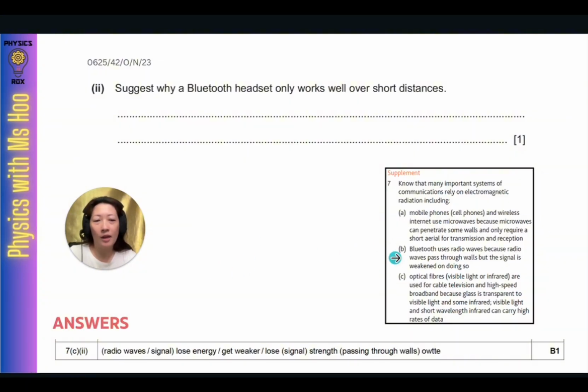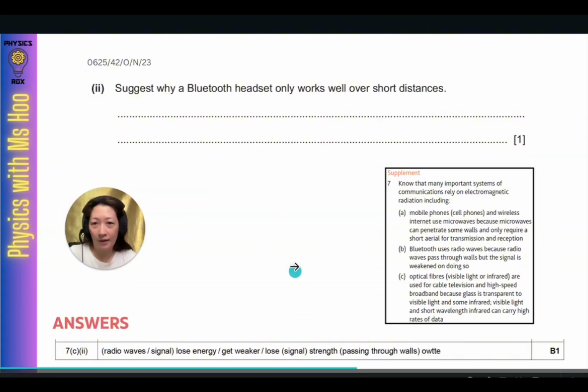In point B, Bluetooth uses radio waves because radio waves pass through walls, but the signal is weakened on doing so. So as you can see from the mark scheme here, you just need to write about how the radio waves lose energy or get weaker or lose signal strength when passing through walls, or words to that effect.